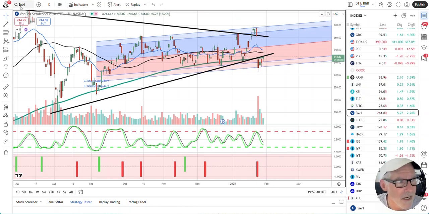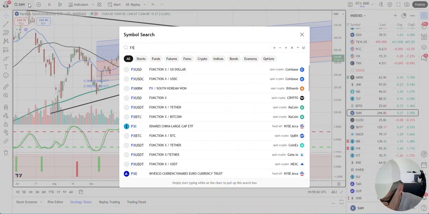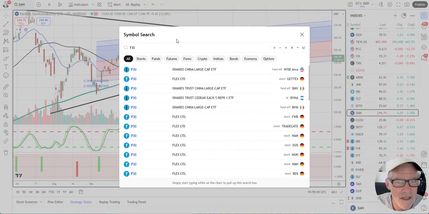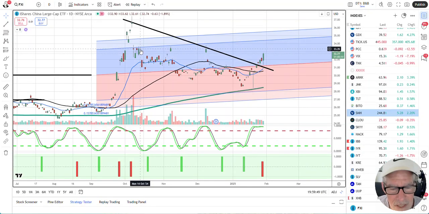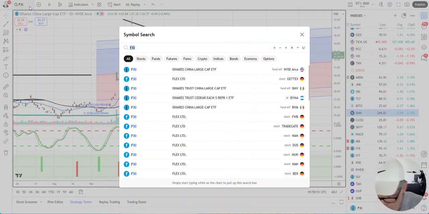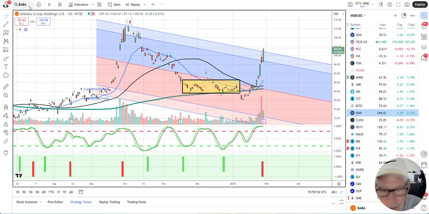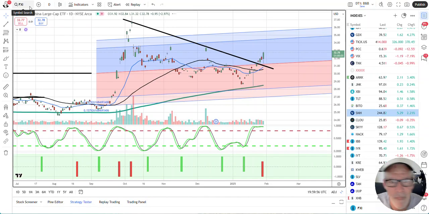Let's take a look at China, because China was in breakout mode. Baba reports tonight. If it hasn't already, did Baba report already? Let me check. No, not yet. Looks like it's tonight. So I like this. This is the FXI.